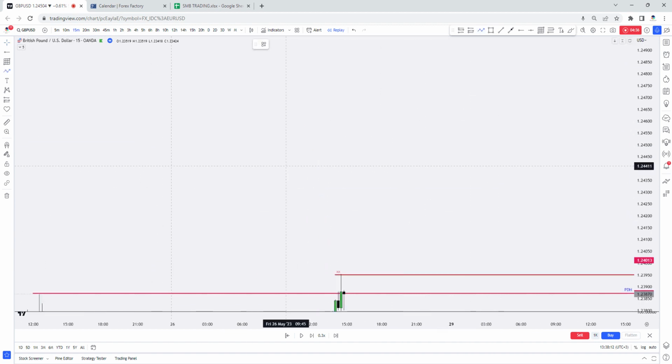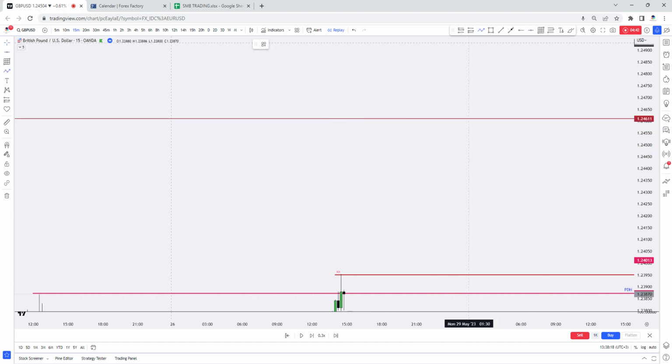If I could show us what I mean, sorry, just a second. So we have support, okay, price is coming, we take it, then price breaks this low that was created prior, this support, resistance actually, this resistance to be taken.